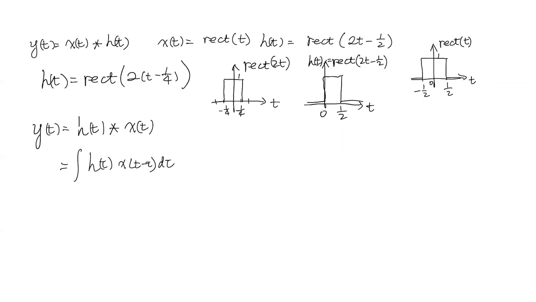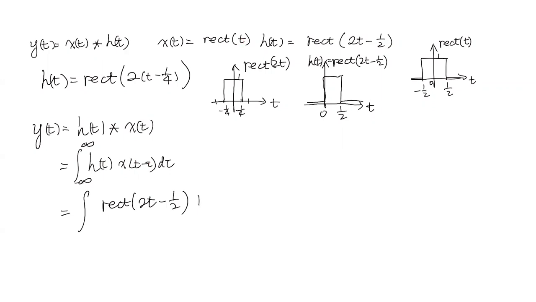Okay, now let's plug in the things. h of tau is rectangular 2 tau minus 1/2, and x of t minus tau replaces the t by t minus tau.